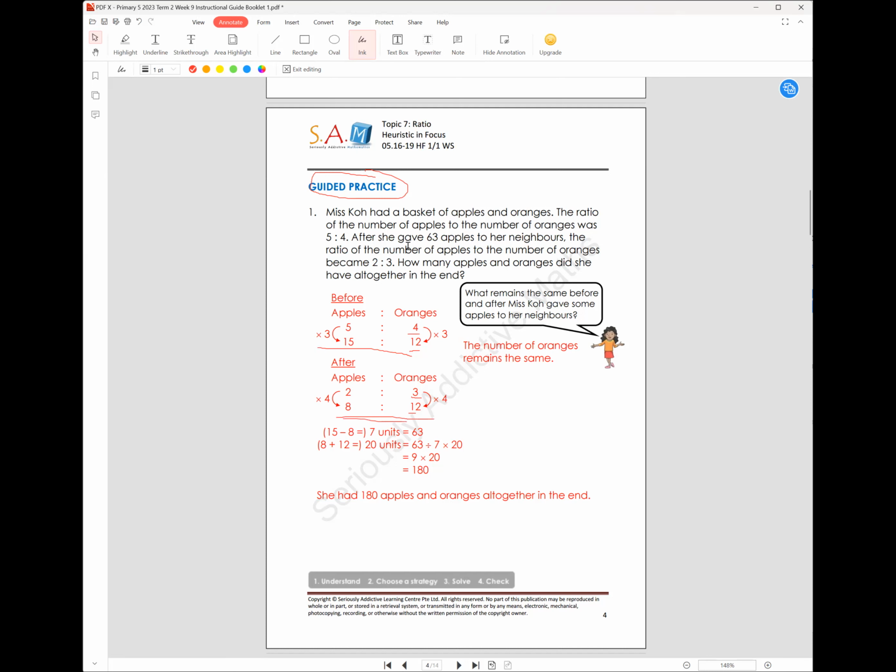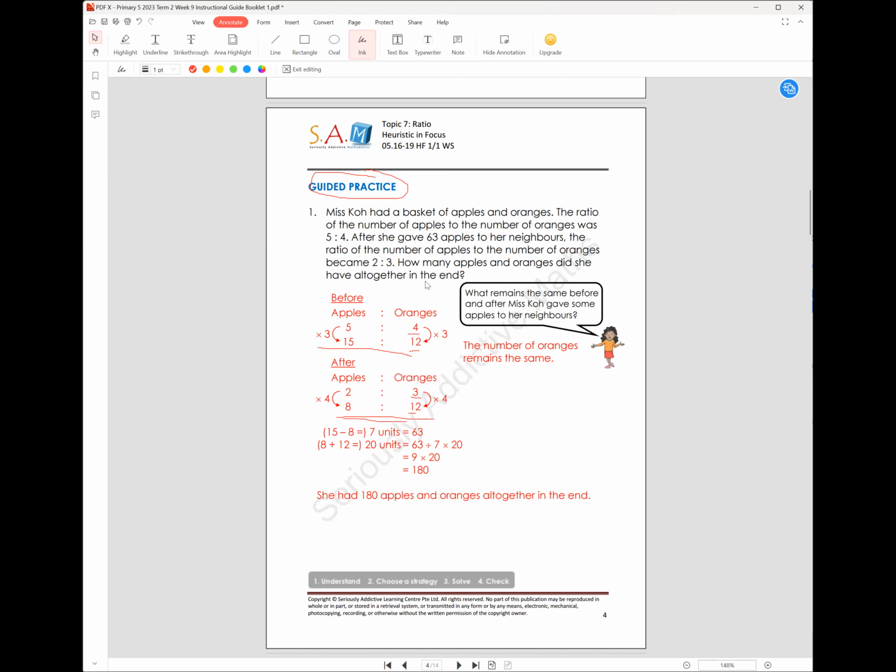The question here is, after she gave 63 apples, which means there's a reduction in the number of apples. Previously it was 15 units, now it's 8 units. 15 minus 8 was 7 units. So that change is 7 units of apples, which equals 63 apples. And then from there, they can solve the question.